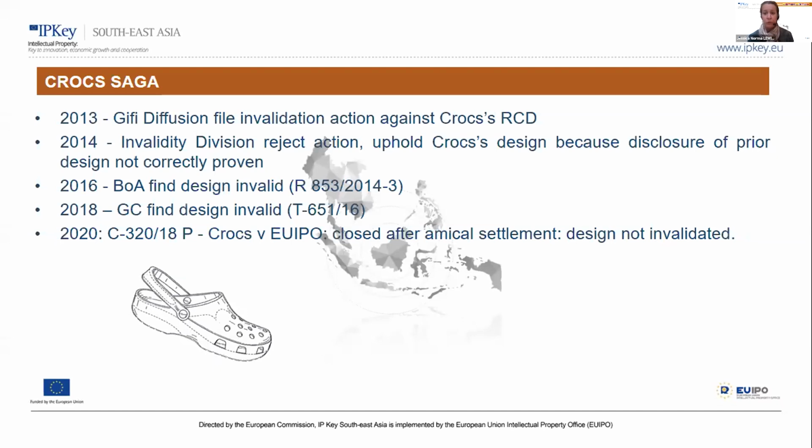It's very important to be able to build a solid file about disclosure. Then the Board of Appeal, probably the evidence was made better before the Board of Appeal, found the design invalid. The General Court confirmed the Board of Appeal decision, and in 2020, the case went up to the Court of Justice, and the decision was closed after amicable settlements. So the design was not invalidated.